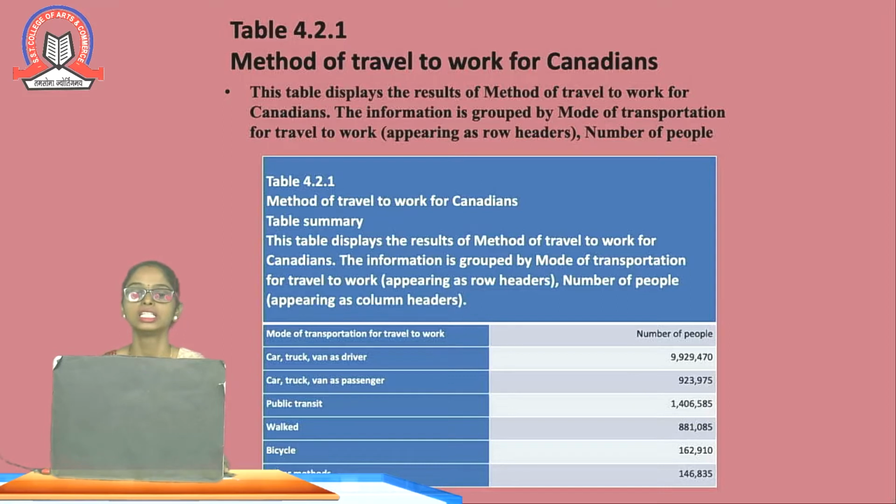The information is grouped by mode of transportation for travel to work, appearing as row headers. The number of people and the mode of transportation are given in this table. All these values belong to nominal variables.